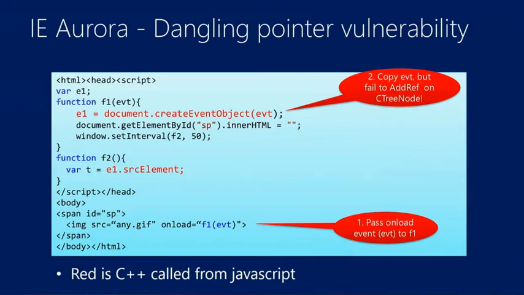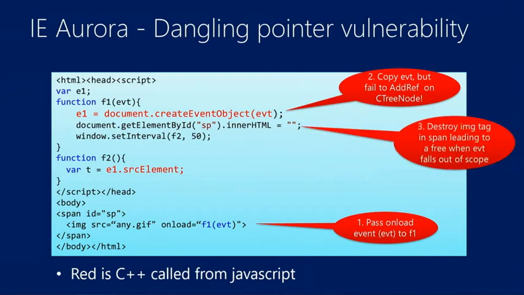Okay? Recall that all the red is written in C++. Then we're going to destroy any remaining uses of that object, so that basically it's going to be freed and then it's going to fall out of scope.